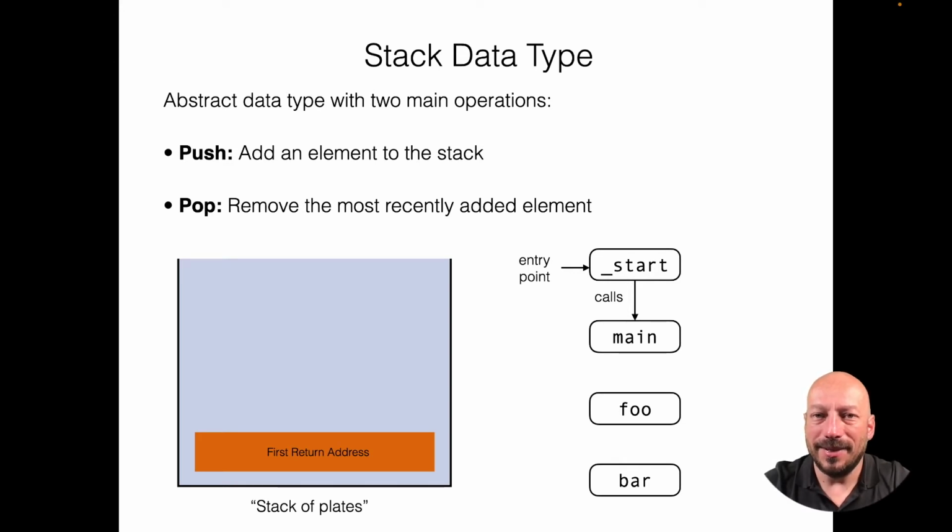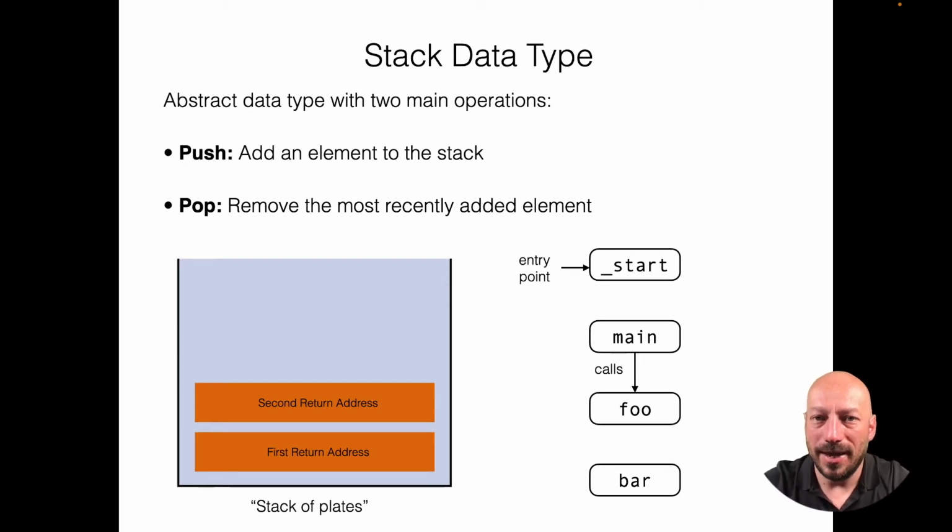But in the example, before that happens, function main calls this function foo, and that means another return address will be put on top of the stack. And if function foo would return, it would just take off the return address, which is at the top of the stack. But before that happens, function foo will call function bar. And that means another return address will be put on top of the stack.